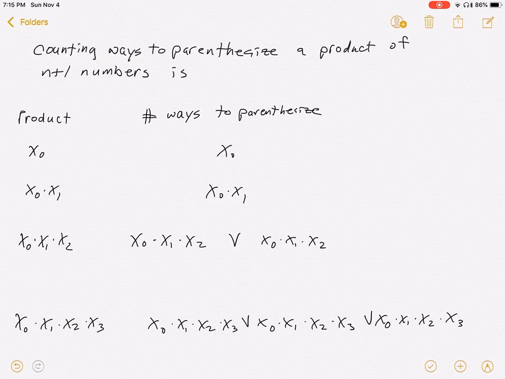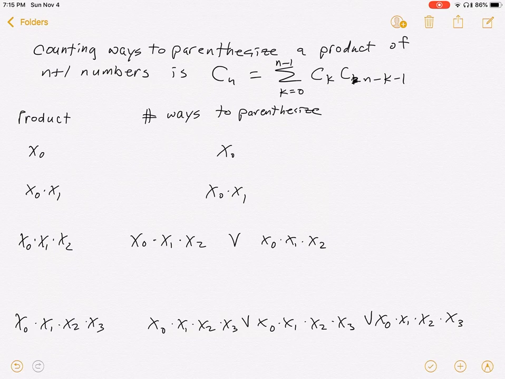That relation is given by C_n is equal to the sum as k goes from 0 to n minus 1 of C_k times C_(n minus k minus 1).